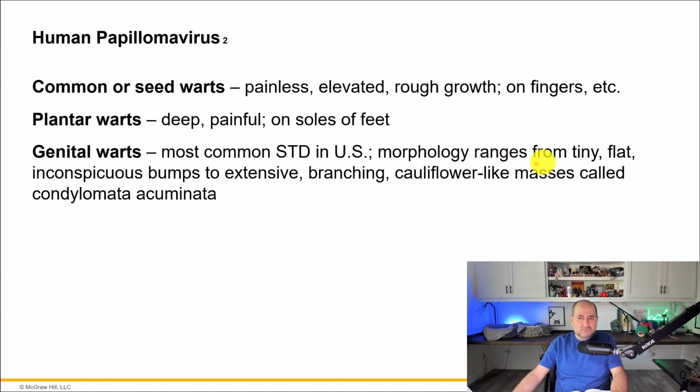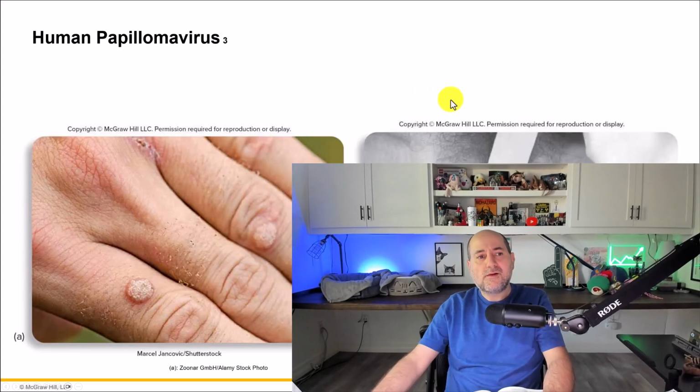The morphology ranges from tiny warts, they could be flat, inconspicuous bumps, to extensive, branching, cauliflower-like masses called condylomata acuminata. So here you can see the common or seed warts on the fingers. There's also genital warts as well.